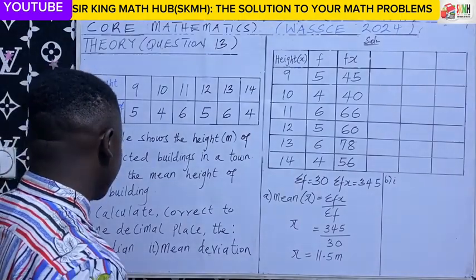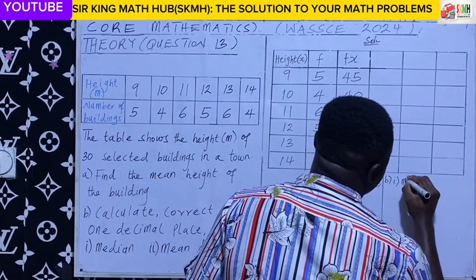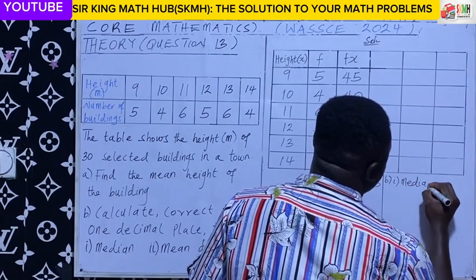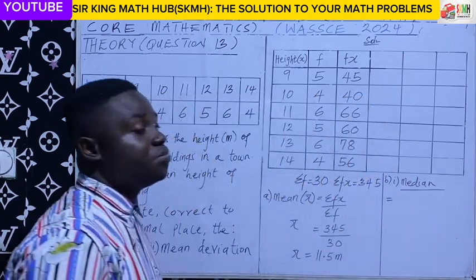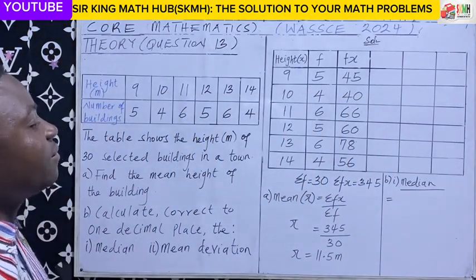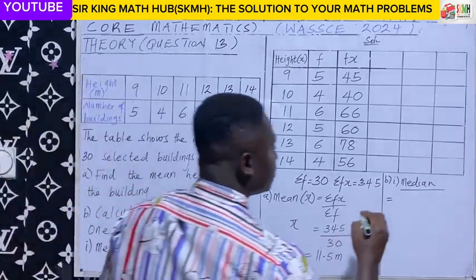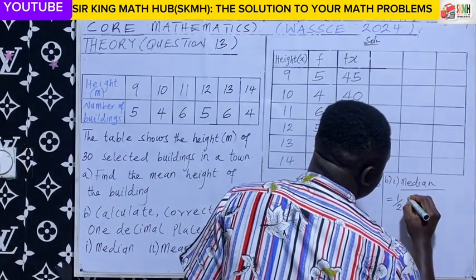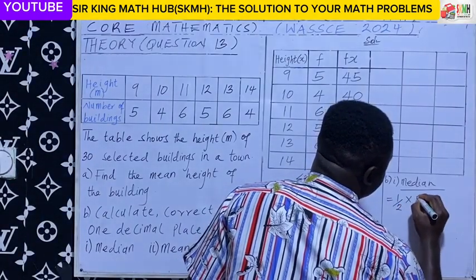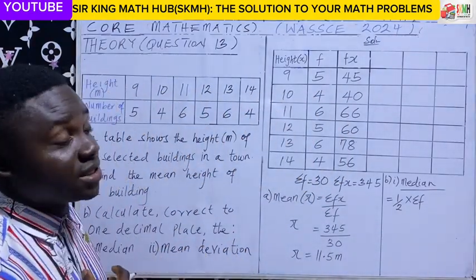You have to find the median, and we know that the median will be halfway of the total frequency. That will be halfway of the summation f.